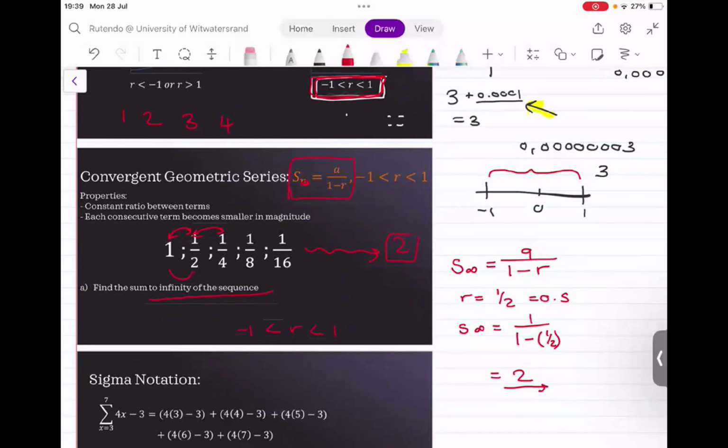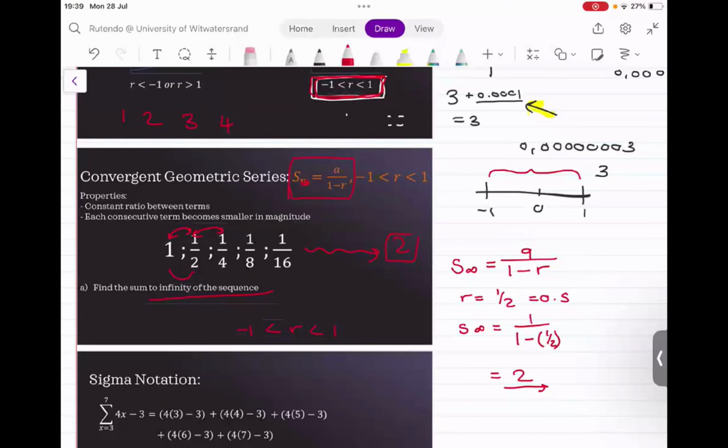Okay, I just want to do sigma, then we'll come back to it. Sigma is a bit different. If it's divergent, you can't use this formula.